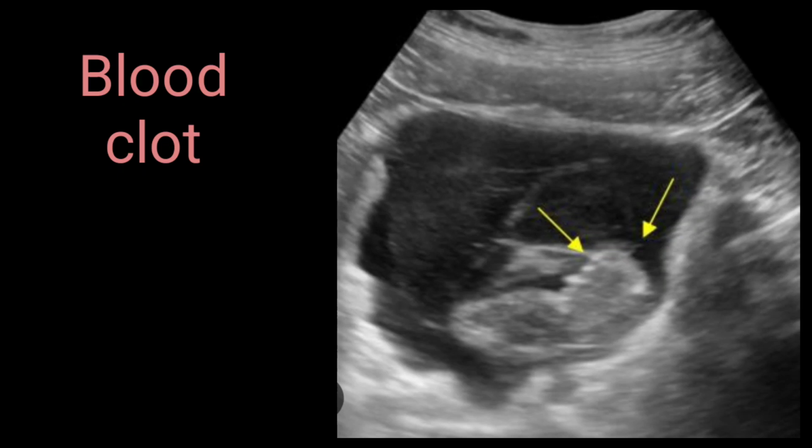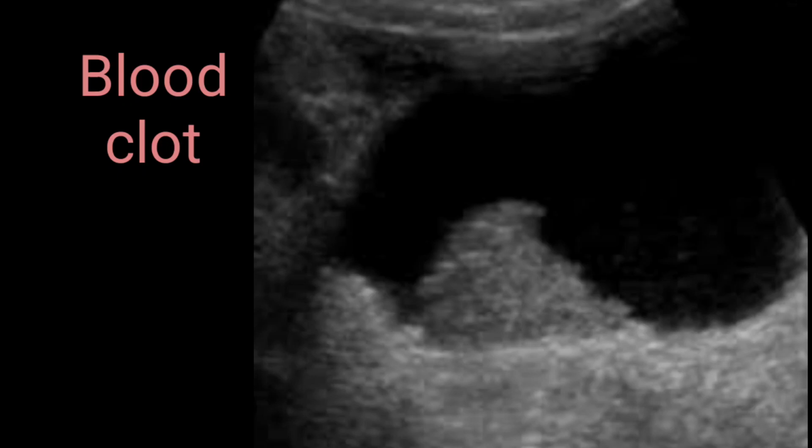Besides this, a urine investigation was done, and it came up with clumps of red blood cells, which was a great indication of the blood clot. On this ultrasound image, again a blood clot is visible. The urinary bladder you can see clearly, and on the basal part there is a blood clot.